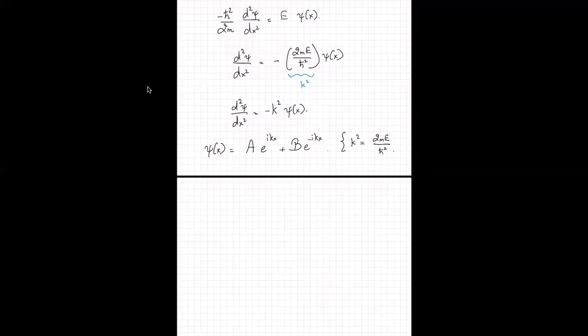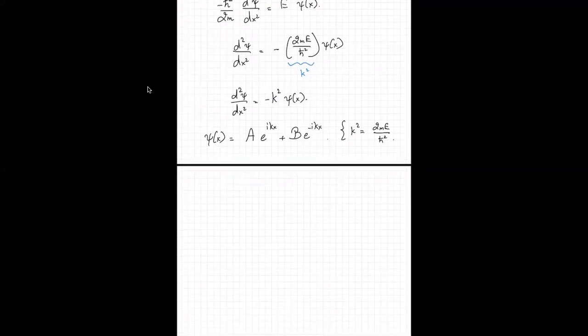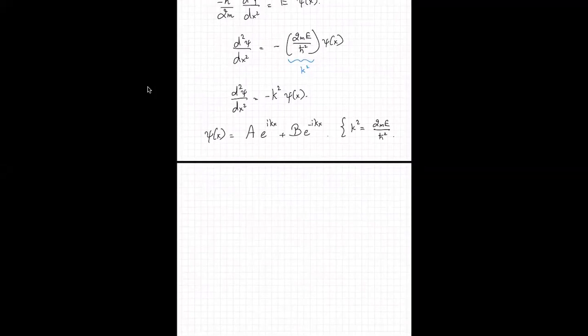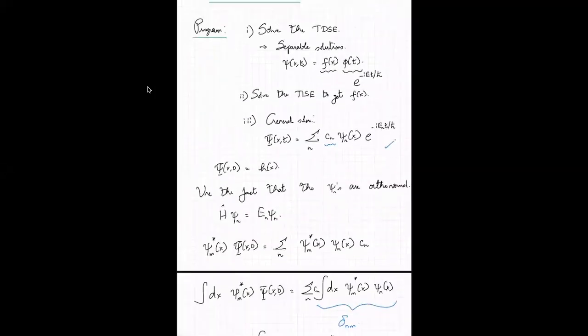Okay, so these are the stationary states. So what is the complete solution? I need to tag on the energy dependence. Both of these solutions, e to the ikx and e to the minus ikx, have energy E, obviously. So psi of x comma t is A e to the ikx times the time dependence. Remember, the general solution is psi n of x times e to the minus iEt over h bar.